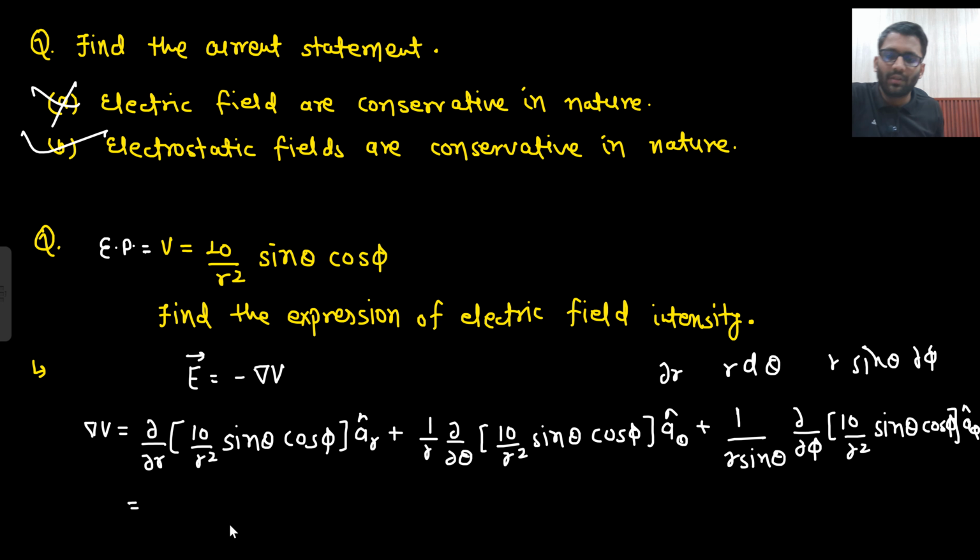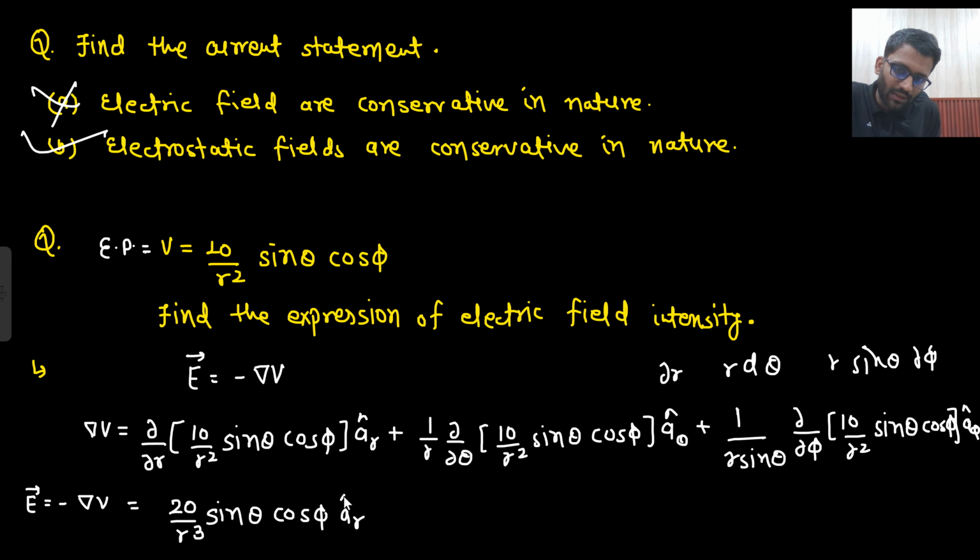Now what will be the expression here? Now I am writing the expression of electric field, which is equals to negative of this. So whatever the answer you are getting, you will take the negative of that. So what answer you will get here? 2 tan by r cube, but negative sign you will get, because r to the power minus 2 will go upward. So negative sign you will get, so that becomes positive. So sin theta cos phi a_r cap plus 1 by r is there already.